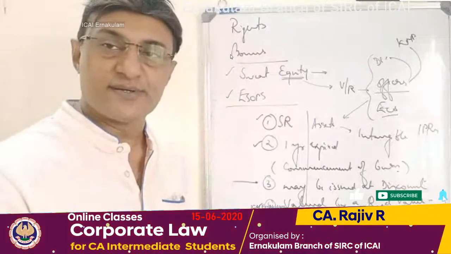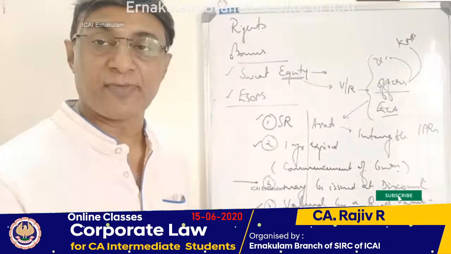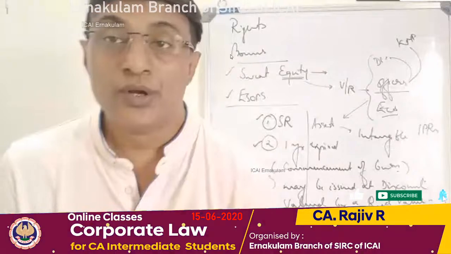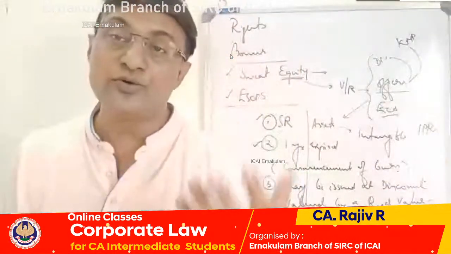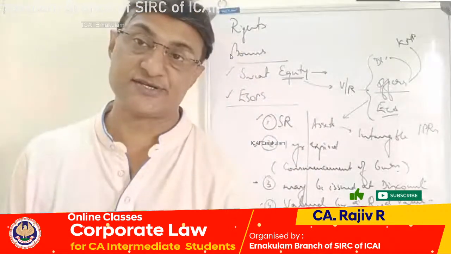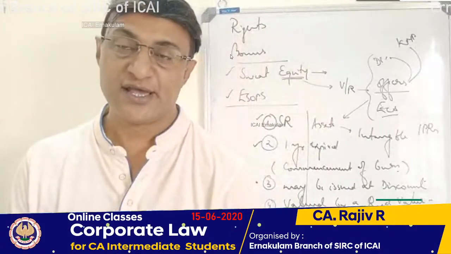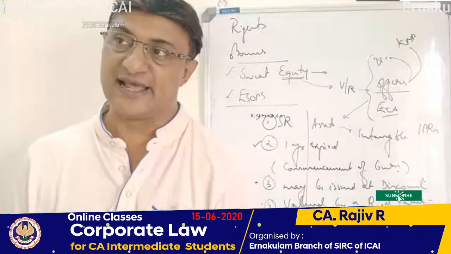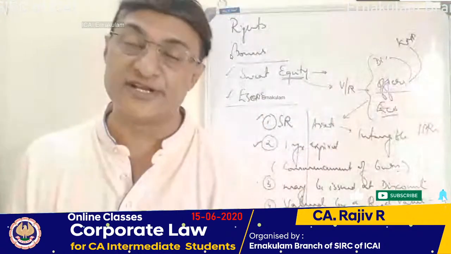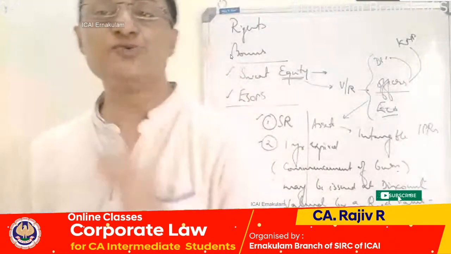How is it that you can make an exemption to the basic philosophy of the Companies Act and allow a company to issue equity shares at a discount to face value in respect of sweat equity shares? What is the reasoning behind it? Why is it that any other issue of capital cannot be issued at a discount, but this can be issued? Now, that is one catch. That is one thing you need to understand.